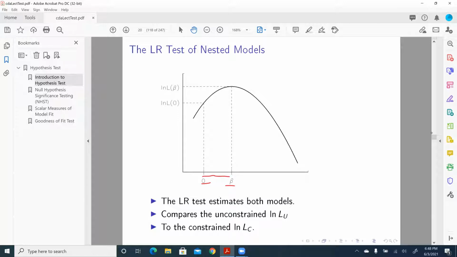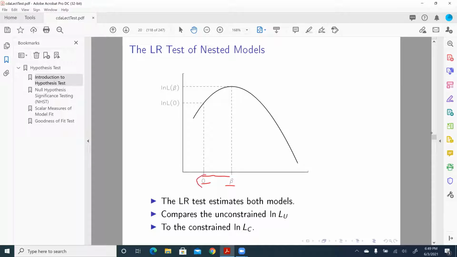The Wald test checks this horizontal distance, normalized by the variance of this log likelihood curve.